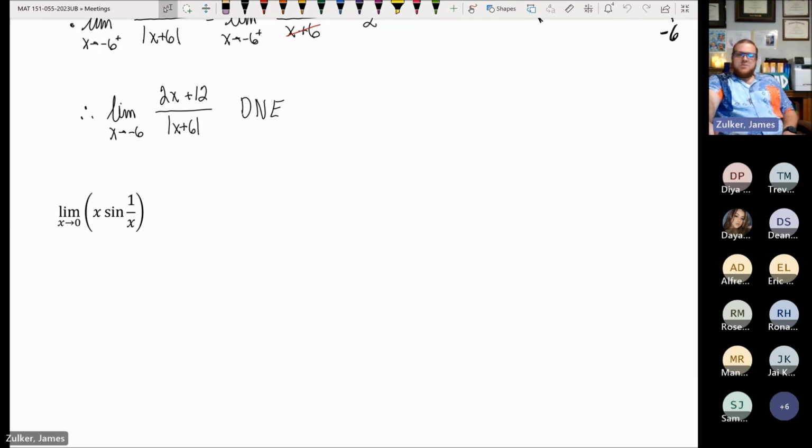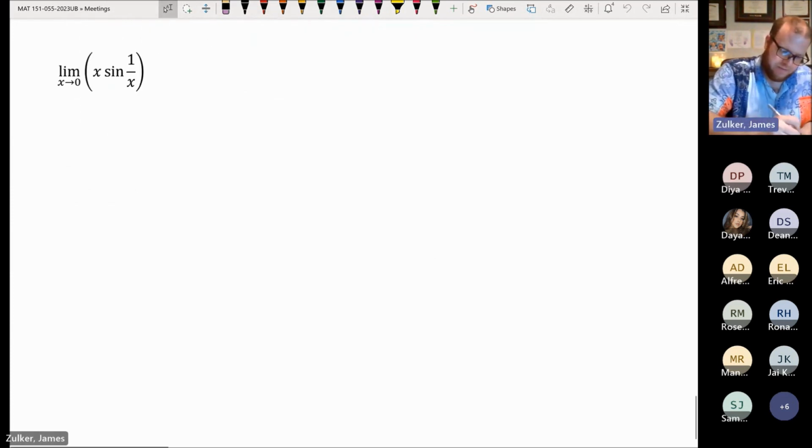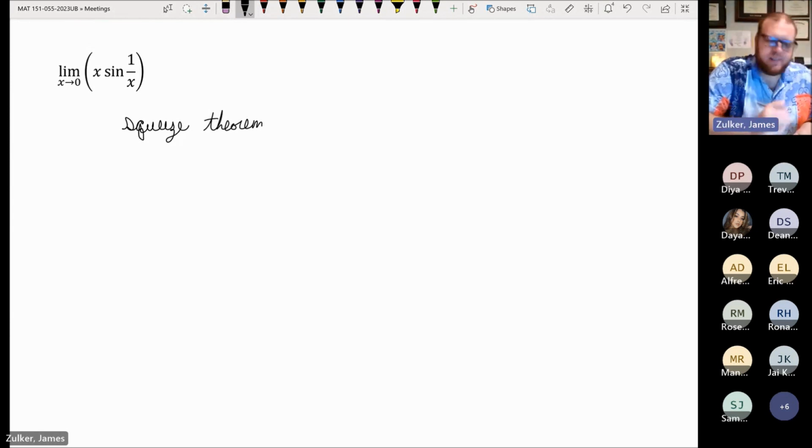So we're going to have to do something else. We use the squeeze theorem. I also noticed that in my open math, some of the authors of questions refer to this as the sandwich theorem.